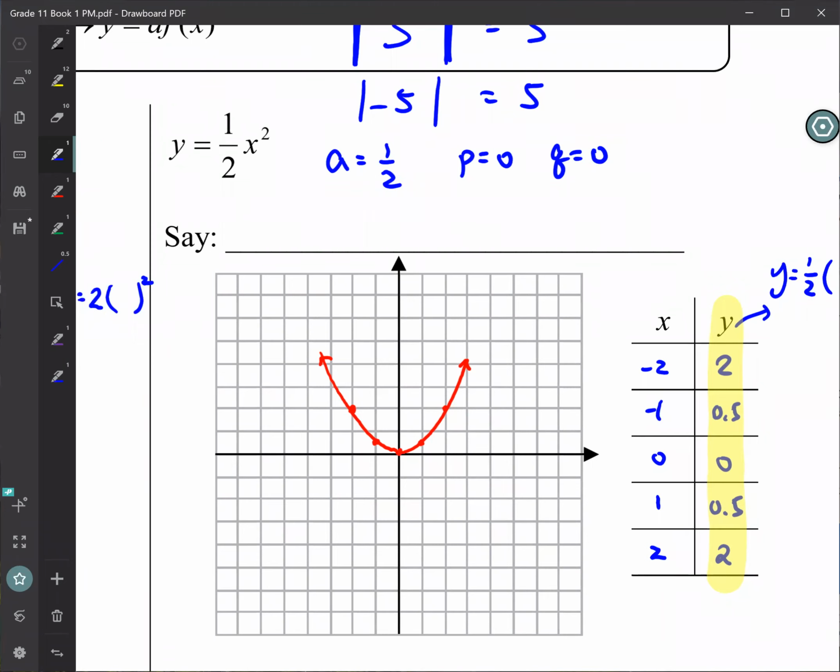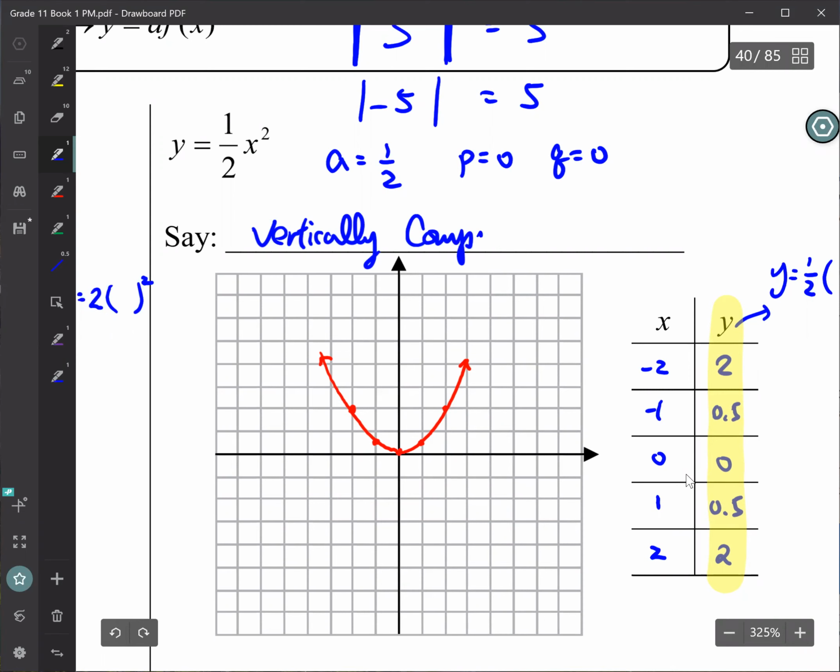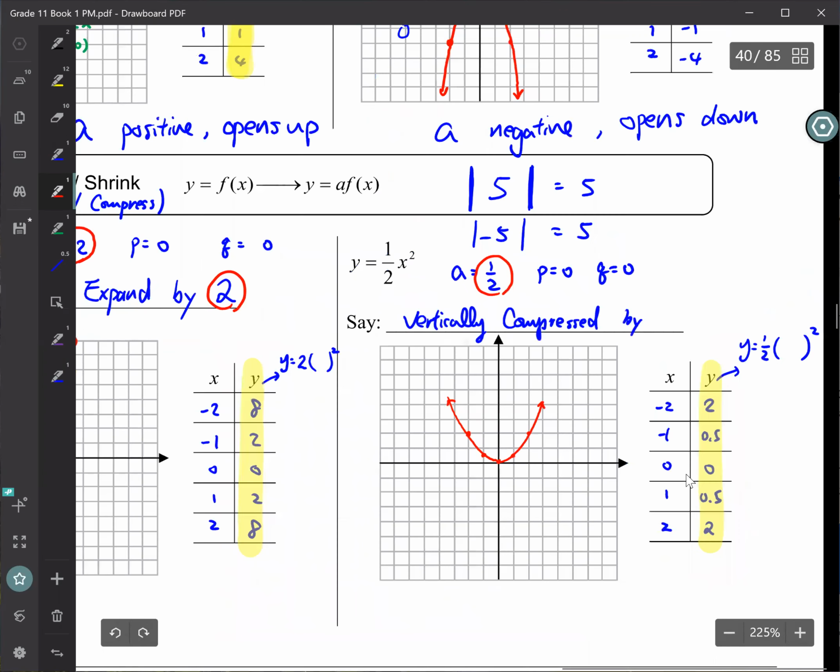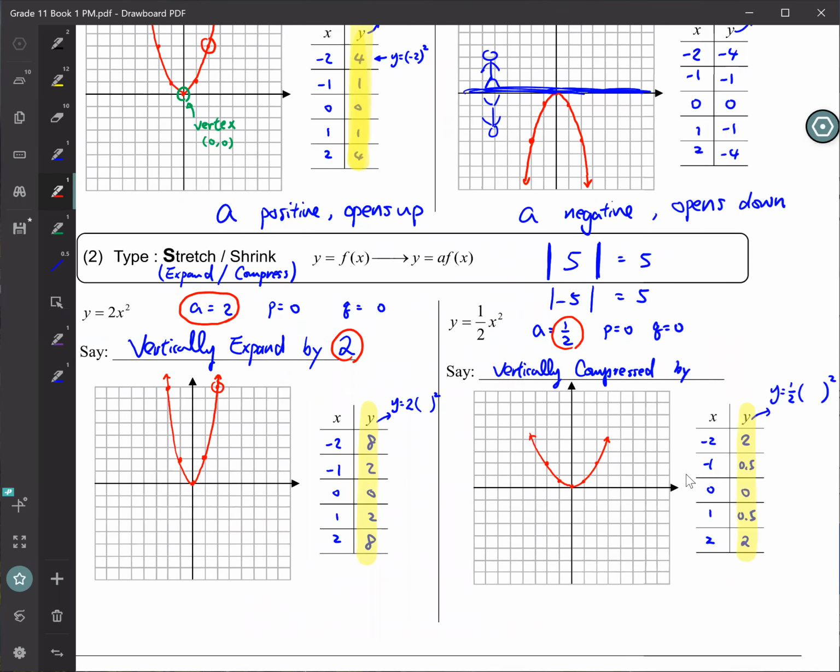Annie, how about you? Can you tell us how to describe this one? Vertically compressed by 2. Okay, the number that you compress by, you always look at the value of A. Oh, by half. Yeah, because the numbers are getting smaller. That's why it's compressed by half.